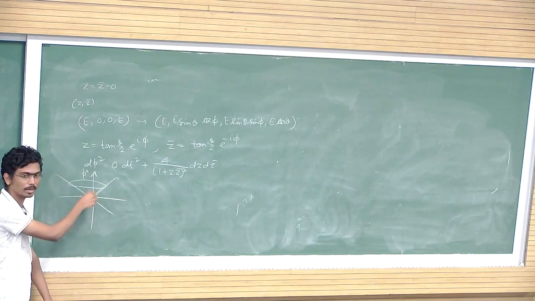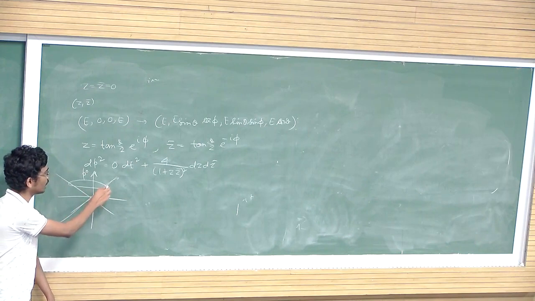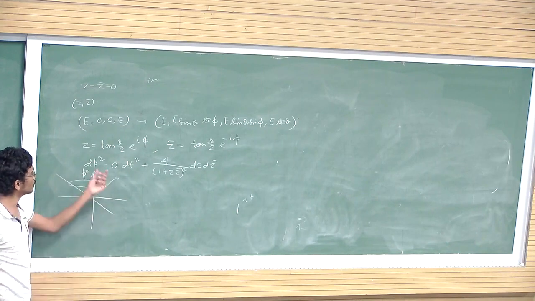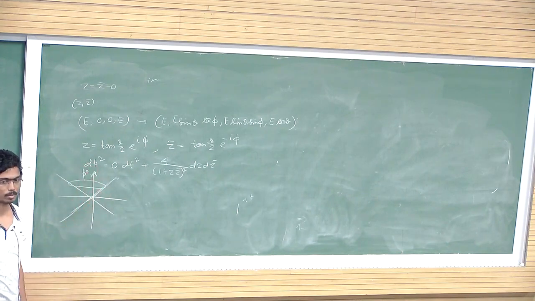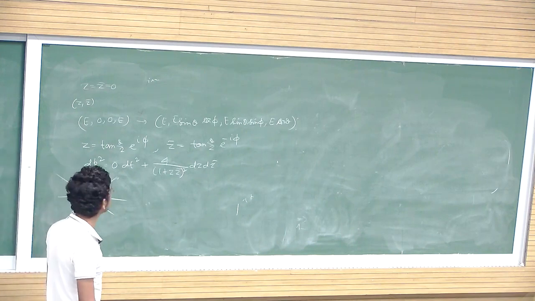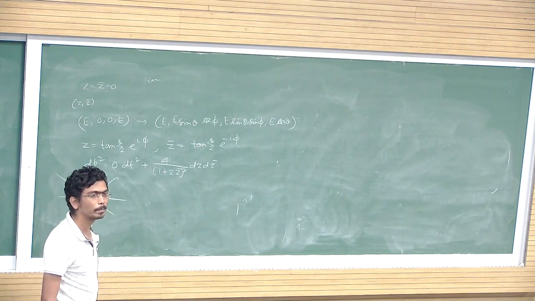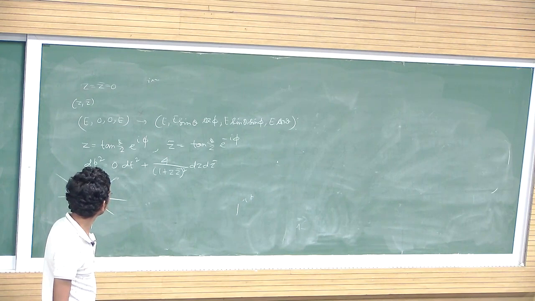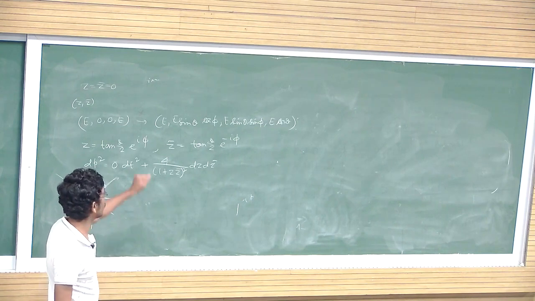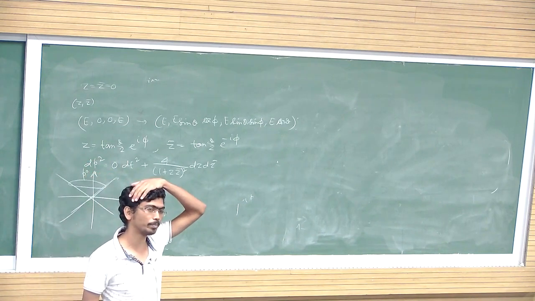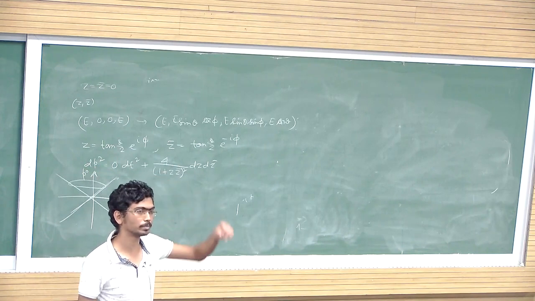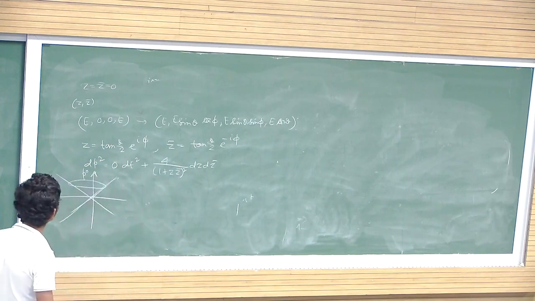So if you calculate any line element on this null cone, that is what I am calling dp square. Okay. E square won't come actually. You can calculate.